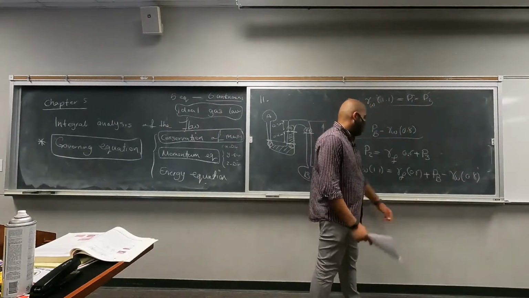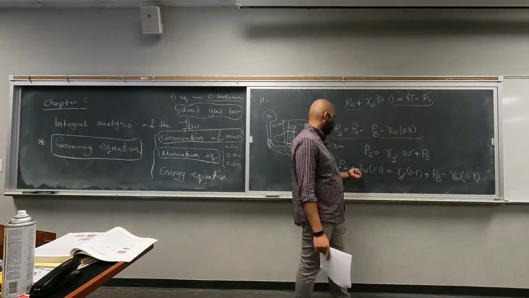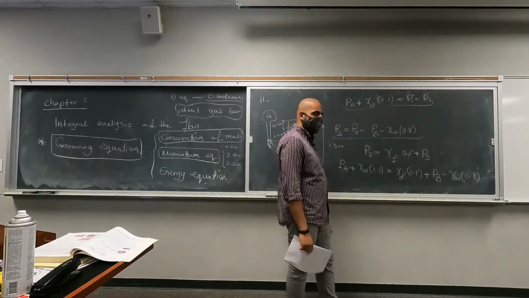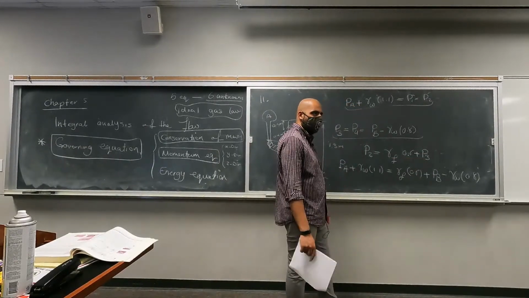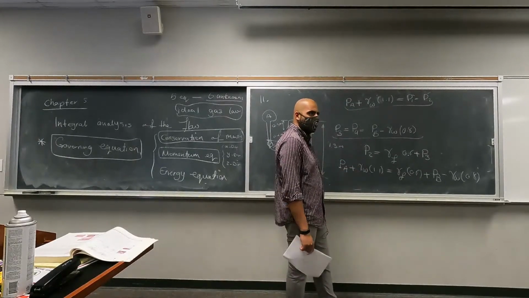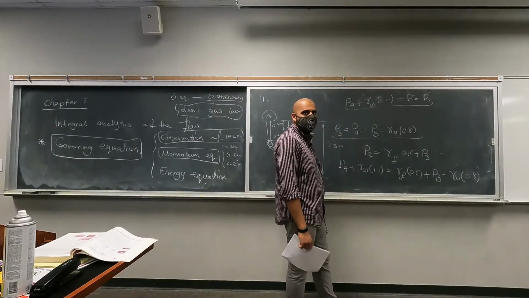So you take PB to the other side, you take this to the right-hand side. You have PA minus PB. We have gamma for water. We have the specific gravity of the manometer fluid given to us. You should be able to find whatever you need to find. Okay?